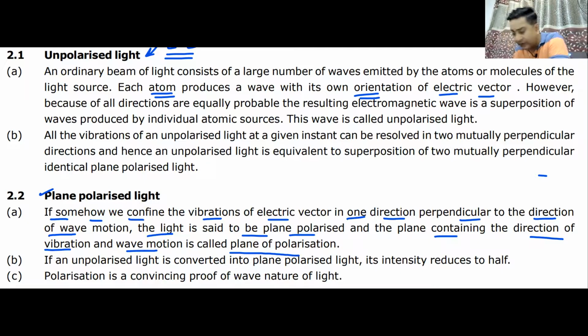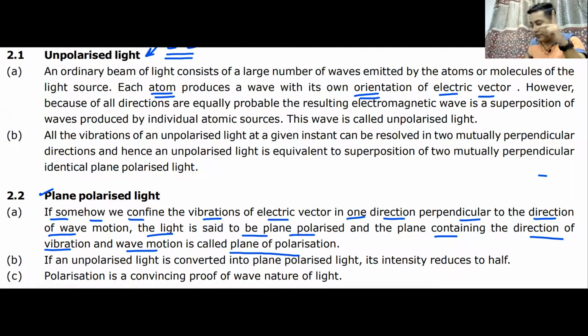If I can do something so that I can restrict or only allow electric field to move in only one direction, remember it is moving in all possible directions. If I can restrict electric field in only one direction, which is perpendicular to the direction of the wave. For example, the wave is moving in x-axis.